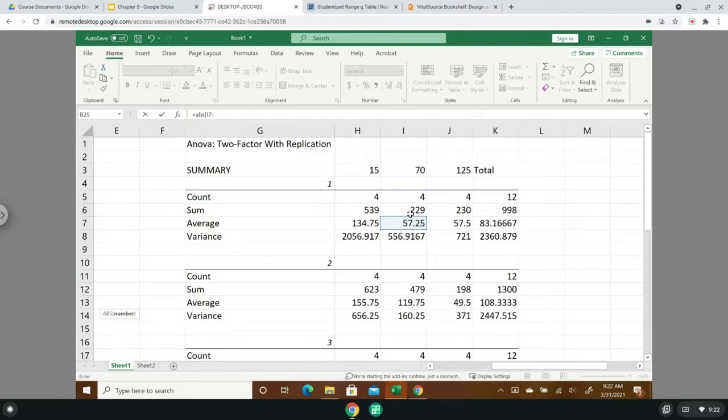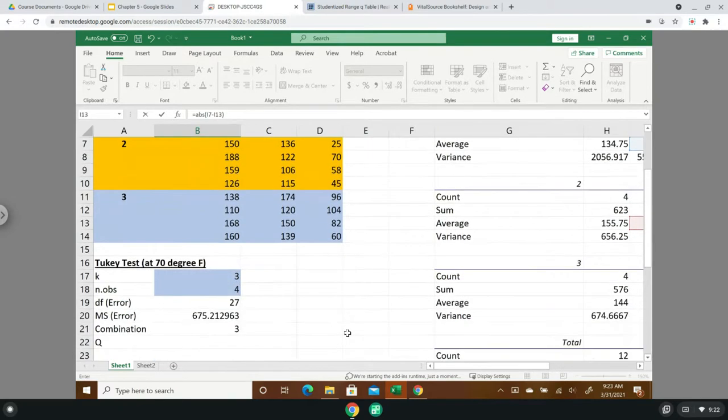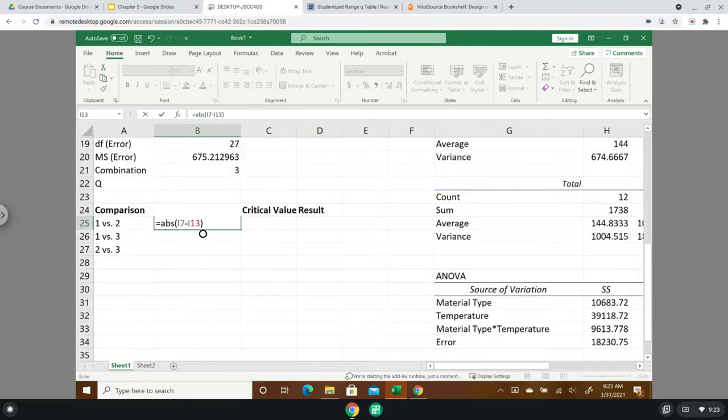We're looking at 70 degree Fahrenheit, so this average 119.75, and then we close the parenthesis, and this is our function, right? Absolute value of that, so that's 62.5.